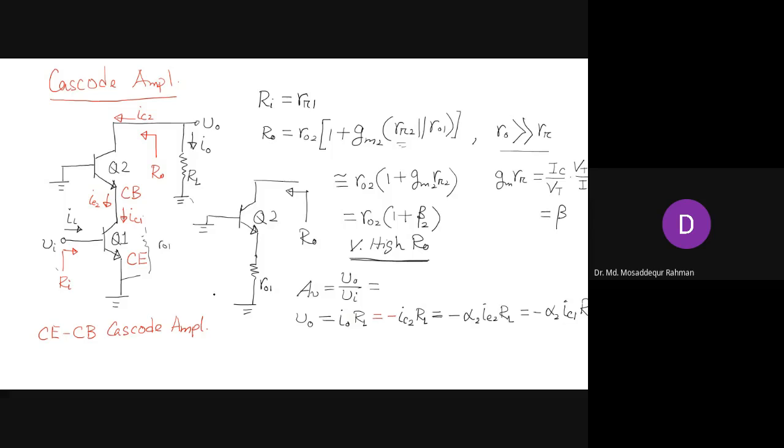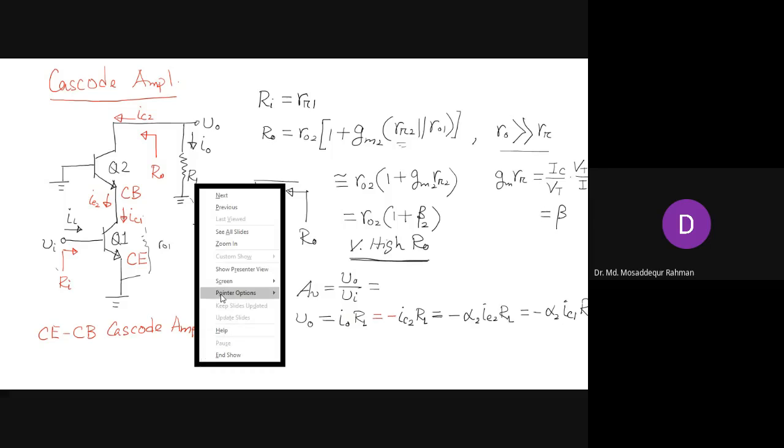Okay, so now IC, and in the denominator we have the voltage. So IC now we express in terms of voltage.